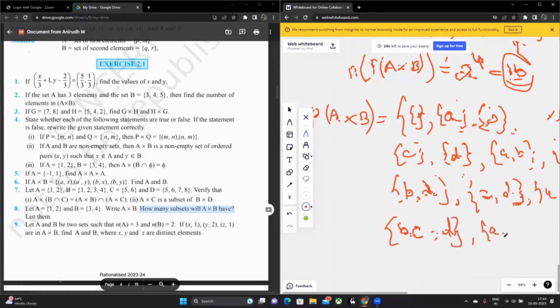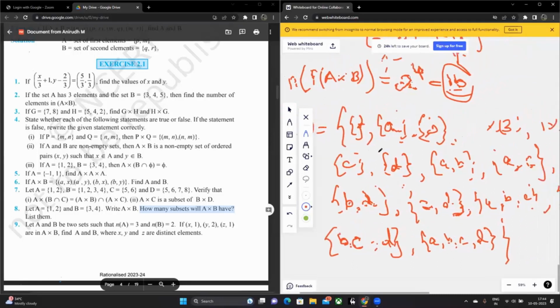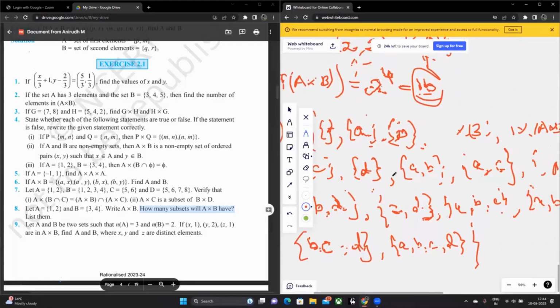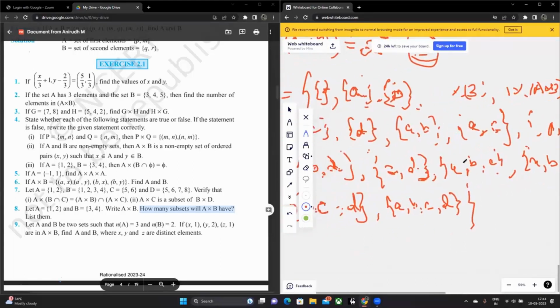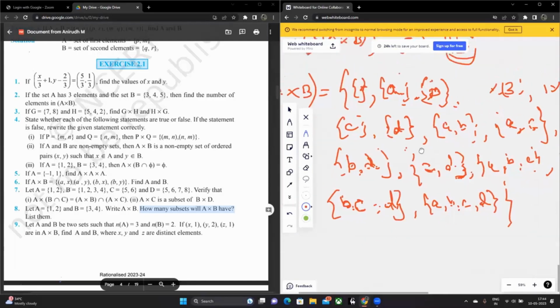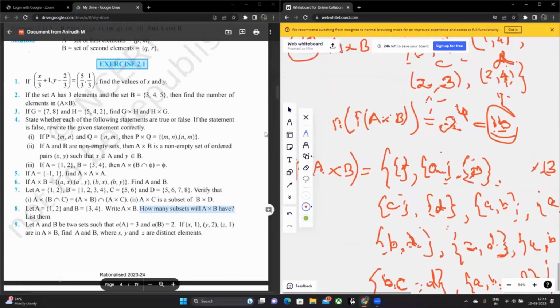And finally, you have everything, that's ABCD. That's the end of the power set of A cross B. You can count the number of elements in it: 1, 2, 3, up to 16. You have 16 elements, that's 2 power 4, the number of elements in the power set of A cross B.